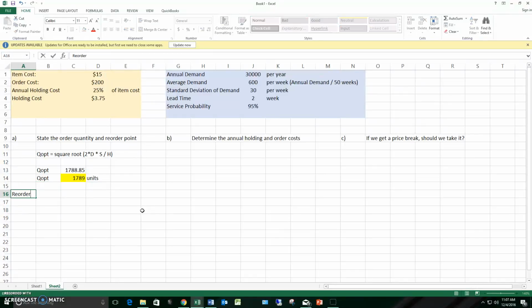And it also asks us to calculate our reorder point, which we know is our average demand times our lead time. And then if we have safety stock, we're going to add to that our Z value times our standard deviation.